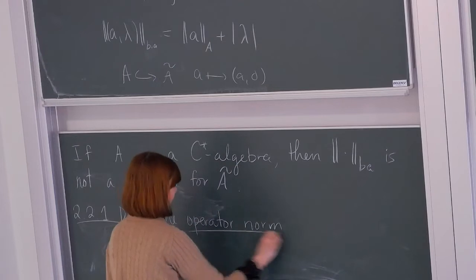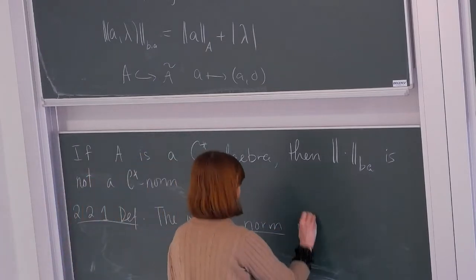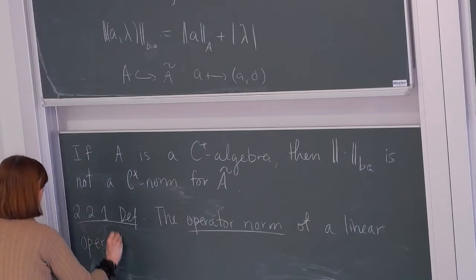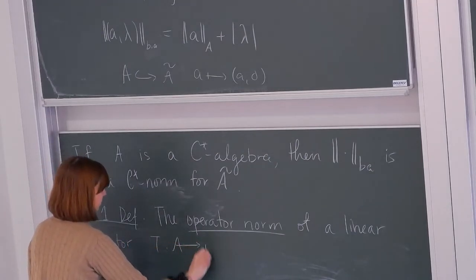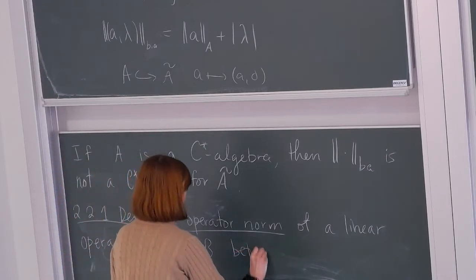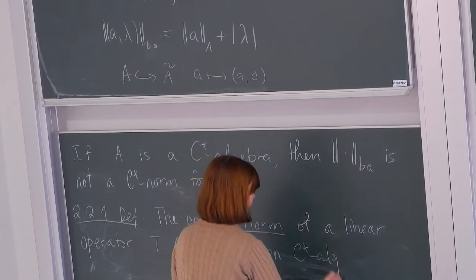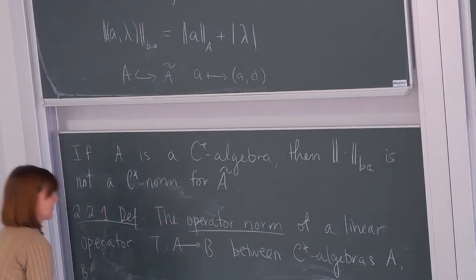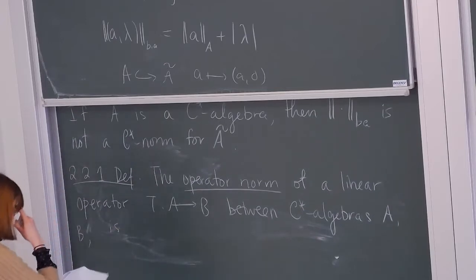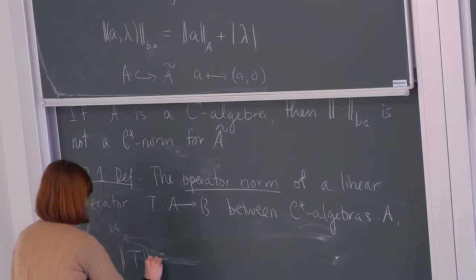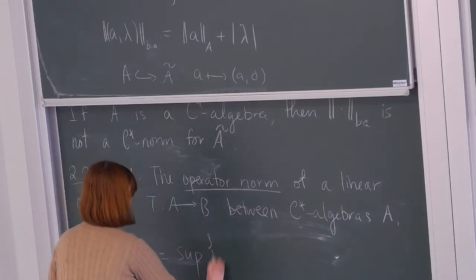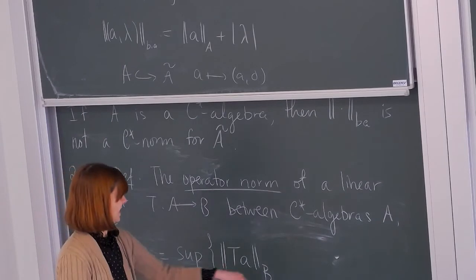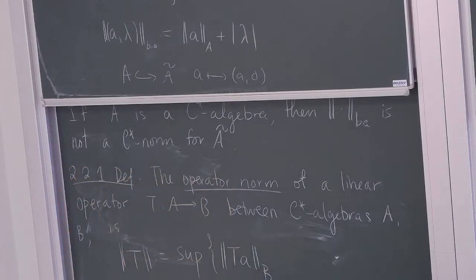So if we have a linear operator T between two C-star algebras, the norm of T is just defined to be the supremum of the norm of the operator T applied to a, where a has norm at most 1.